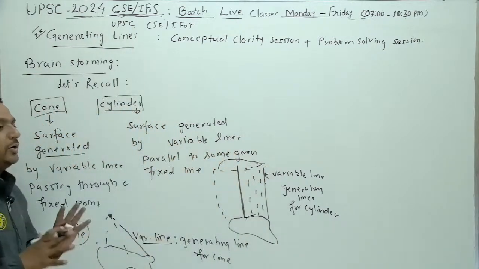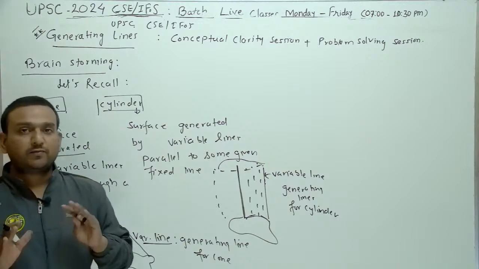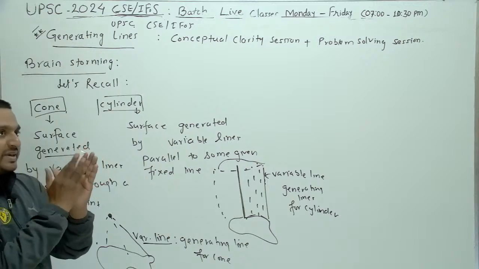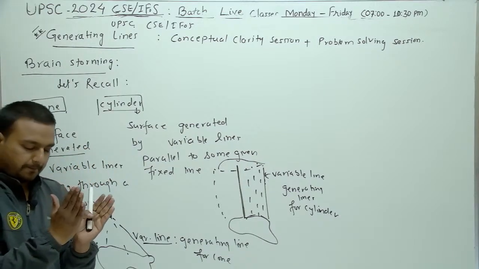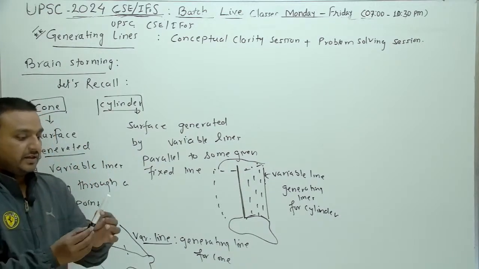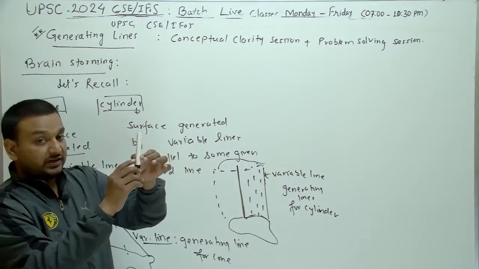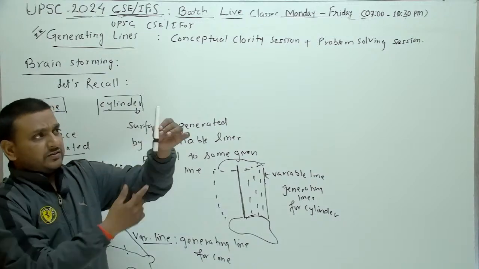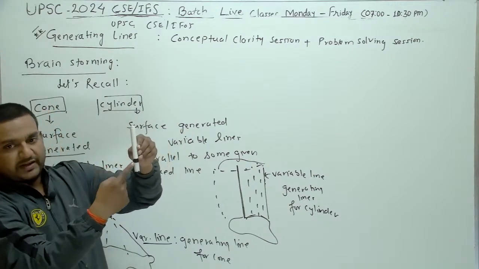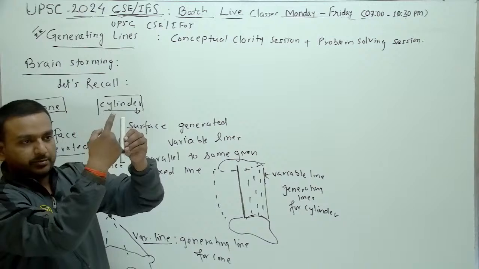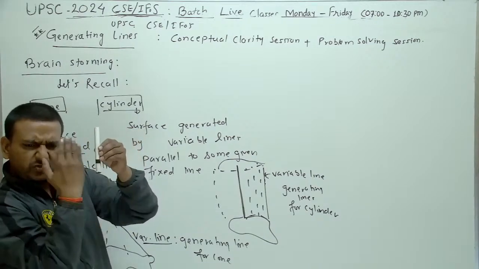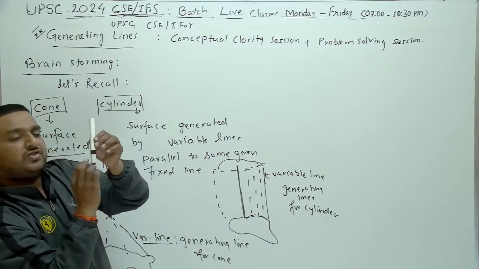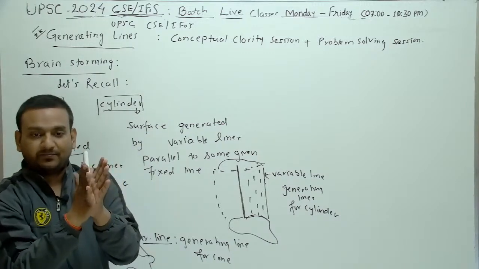Any guiding curve need not be a circle. Circle is a guiding curve for right circular cylinder only. So if you want to imagine the generating lines, then suppose that this is a cylinder. देखना यहाँ सारा का सारा खेल feelings का है. If you take one line here, another line just consecutively, if you take the lines like this, those variable lines will generate this surface, cylinder, or not.